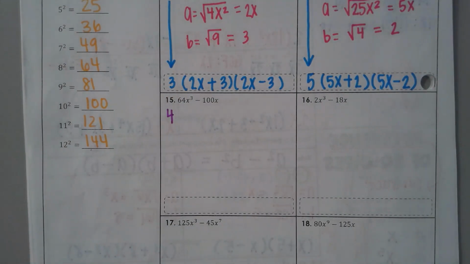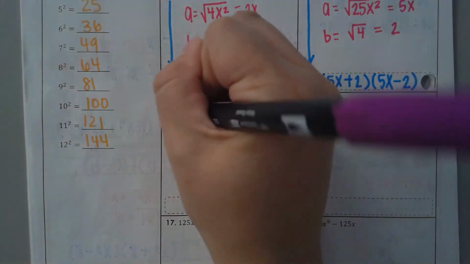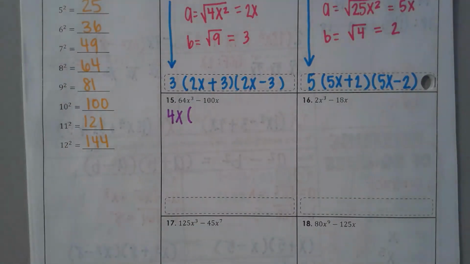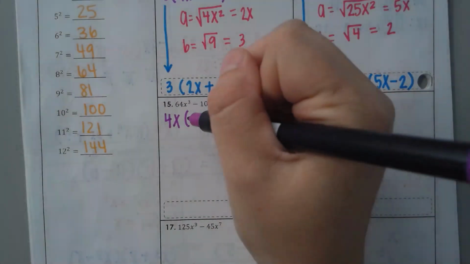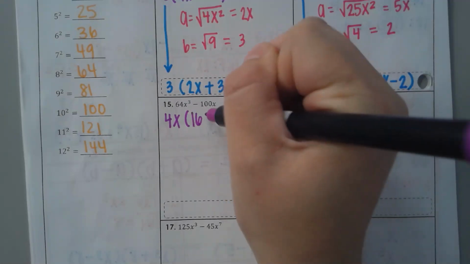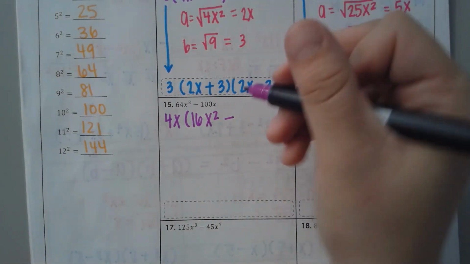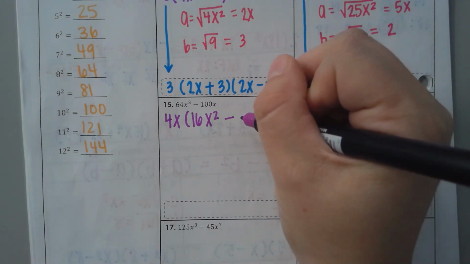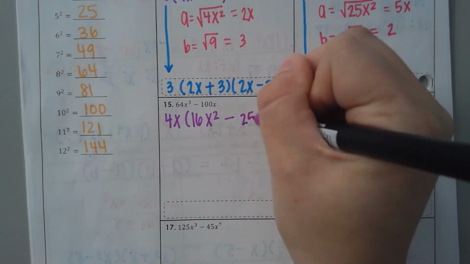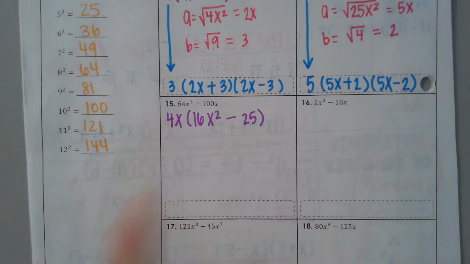Any x's in common? Yep, they both have an x. So what is 64 divided by 4? 16. And then I have an x squared minus 25. And then that x, I don't have that x anymore, it came out.